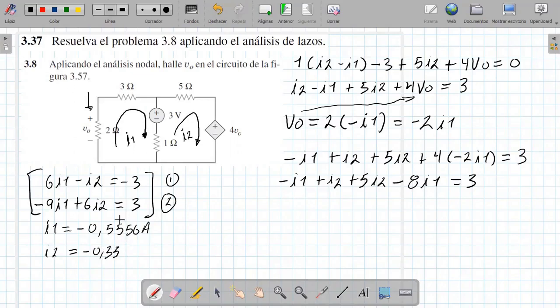We need the voltage here, so the voltage V sub 0. It would be negative 2 times the current I1, which is minus 0.5556, and effectively it will give us the positive voltage as we had it before.